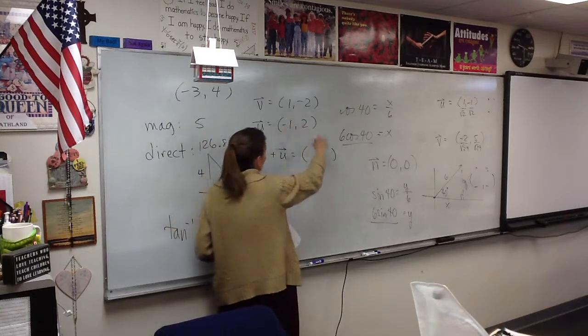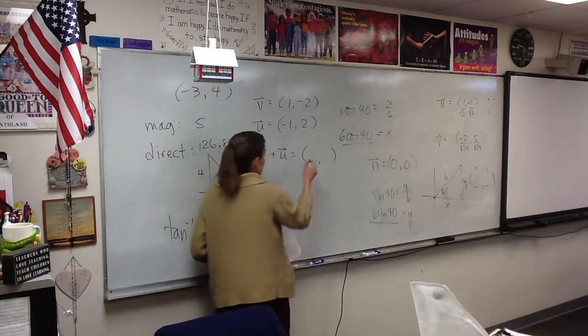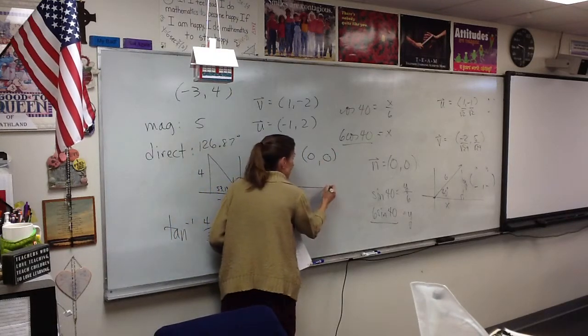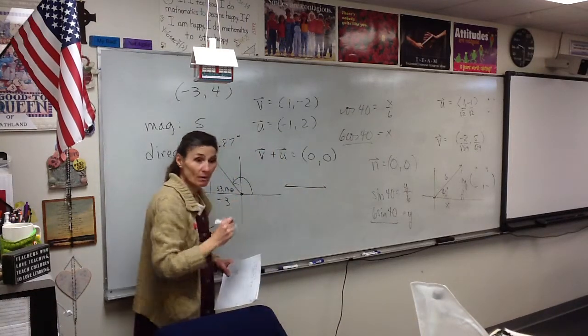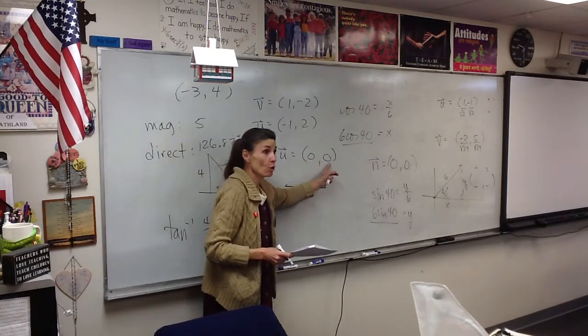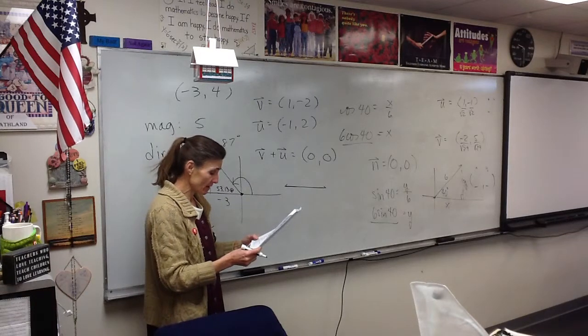And what would be the coordinates of the vector we got when we added these together? 0, 0. This is what happens when you add a vector to its opposite. You end up right back where you started. So basically, you've gone nowhere. No x's, no y's. That's called the null vector or the 0 vector.